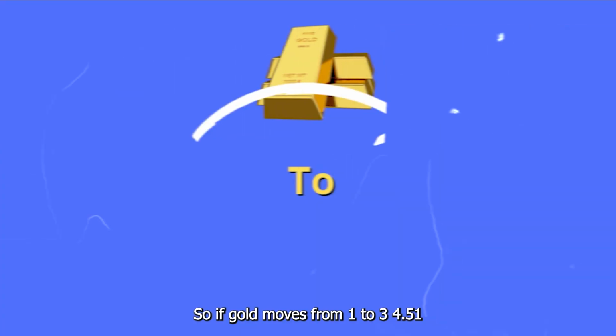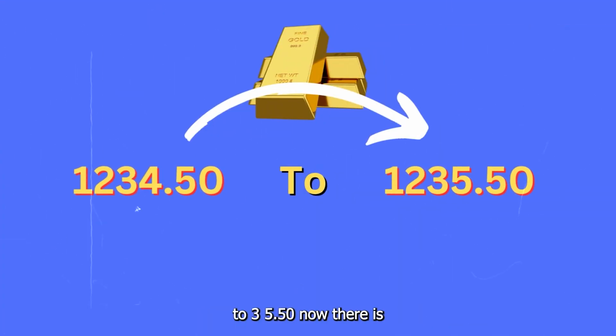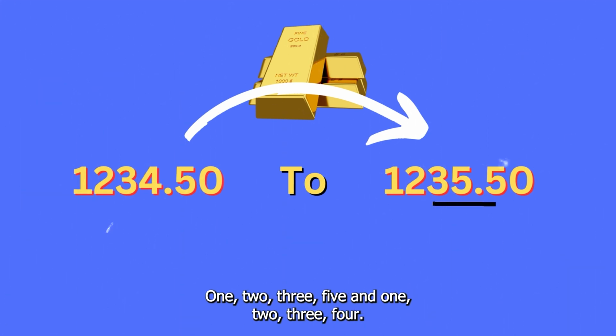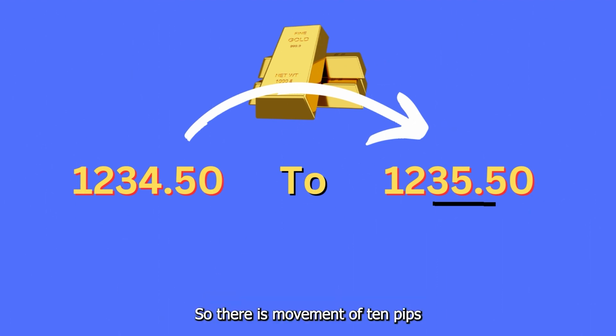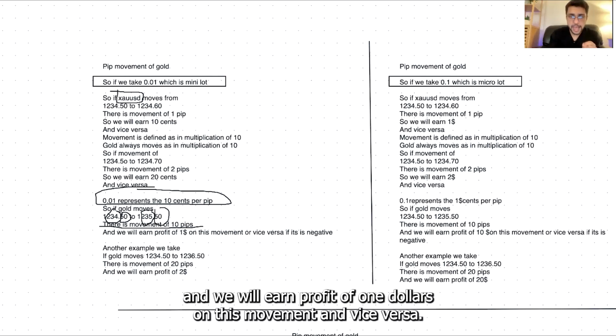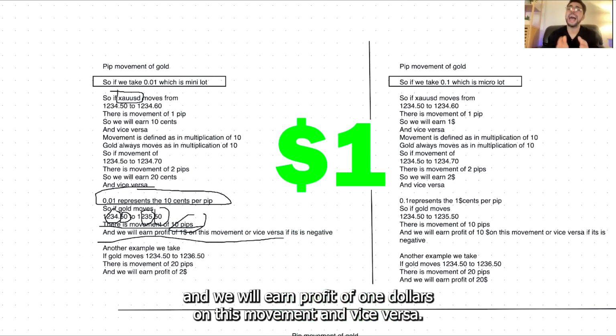So if gold moves from 1234.50 to 1235.50, now there is no change in the last digits, but there is a change in this place, 1235 and 1234. So there is a movement of 10 pips. If it moves from 1234.50 to 1235.50, then there is a movement of 10 pips and we will earn a profit of $1 on this movement, and vice versa.